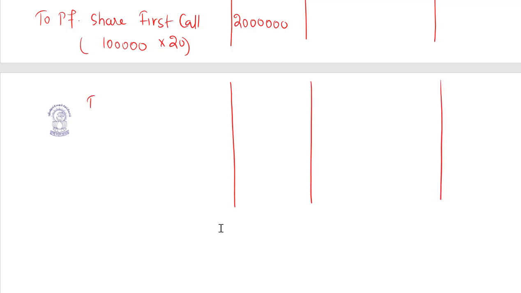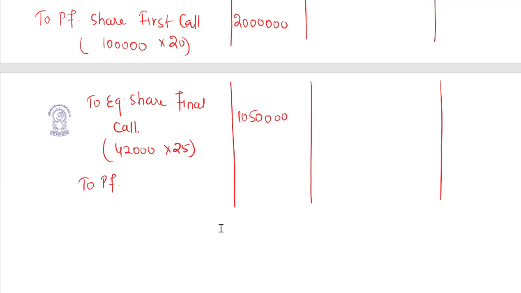Next is to equity share final call, 42,000 shares into 25, 10 lakh 50,000, to preference share final call, 88,000 shares into 30, the rest were calls in arrears, so 26 lakh 40,000.